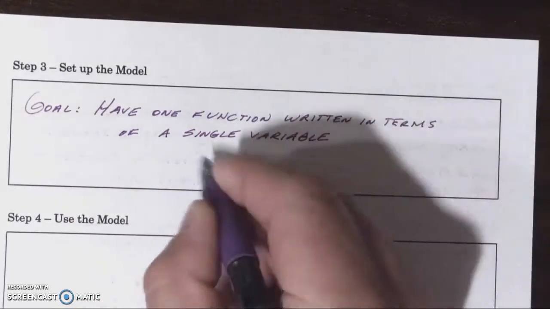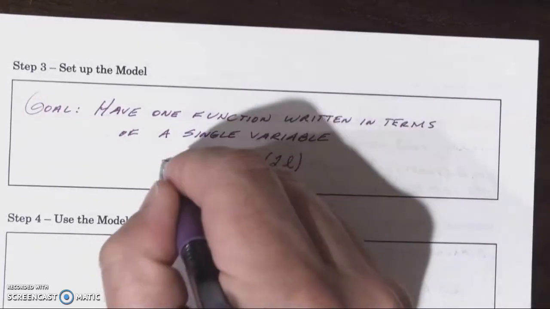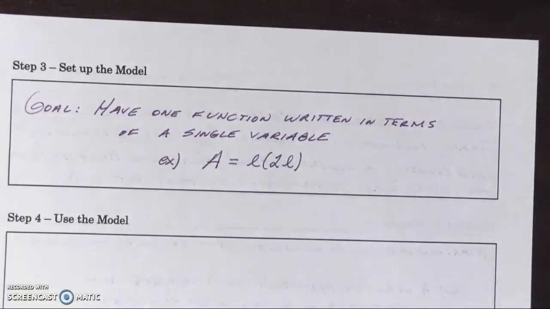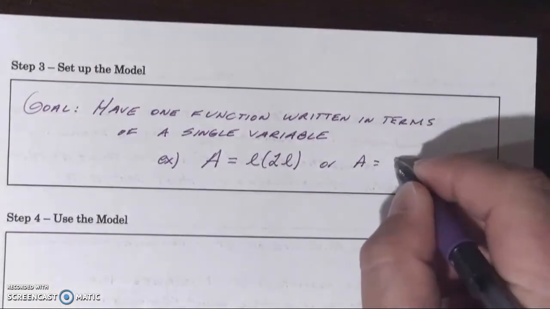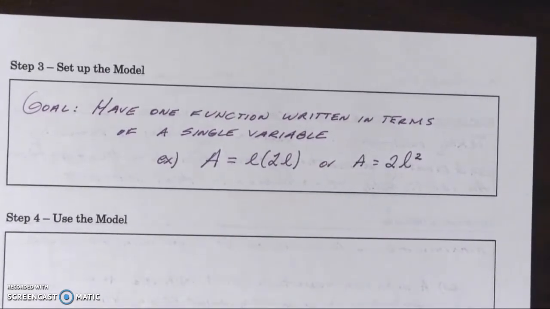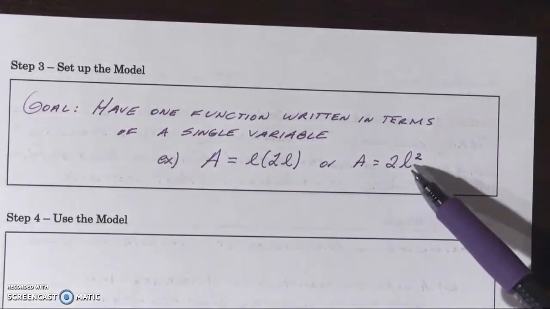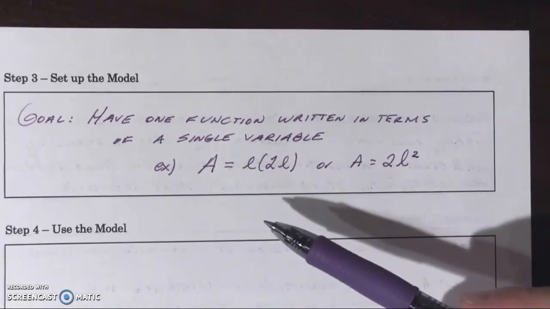So what would it be written as? Area equals length times 2 times the length, if we're using the last information as a model, or our area would be 2L squared. Okay? That would be an example of a model that we could use to do different things.